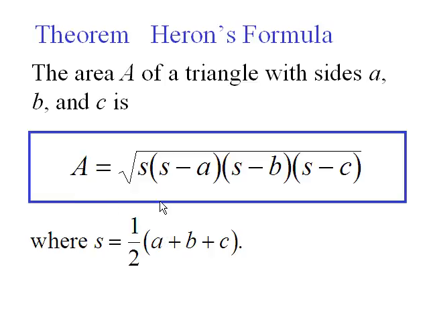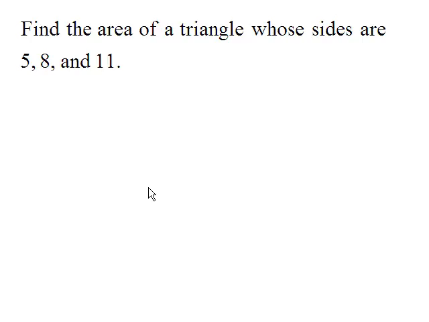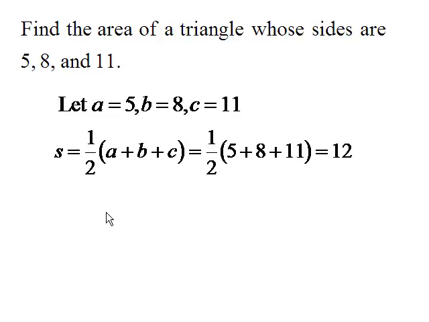So this is the tool to use, Heron's formula for the area of a triangle. And let's try to make it work. 5, 8, and 11 for the triangle. So we'll label those sides that way. A equals 5, B equals 8, C equals 11. Let's get out what S is. 1/2 the sum of those three. 5 plus 8 plus 11 is 24.